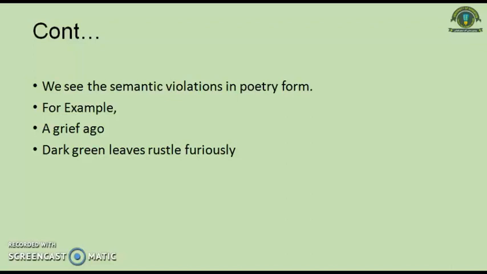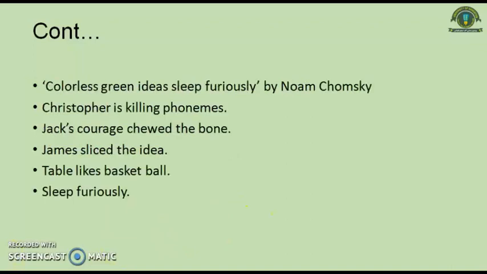Grief is a feeling, but how can he use it with time in his poetry? So grief is something anomalous here. "Dark green leaves rustle furiously." Here the words dark green leaves are also giving something meaningless. So this is also an anomalous expression.